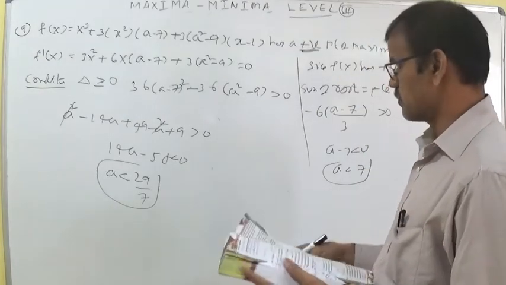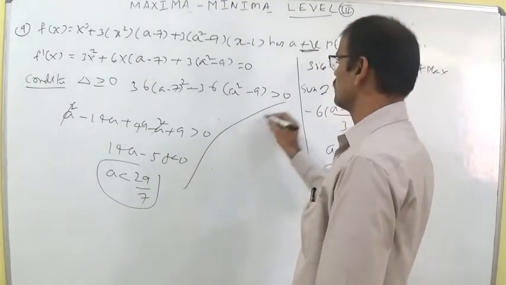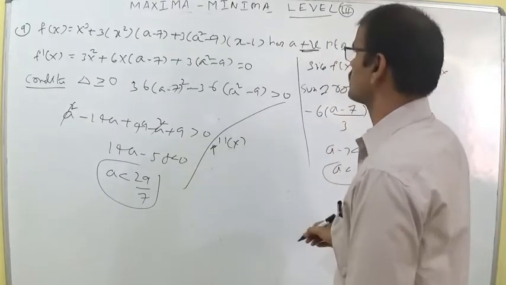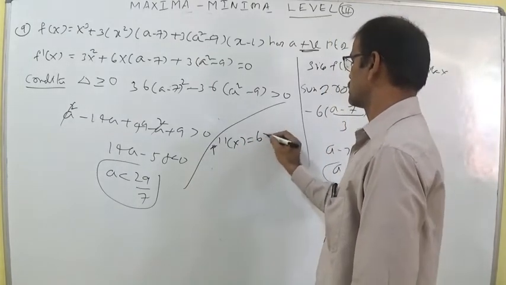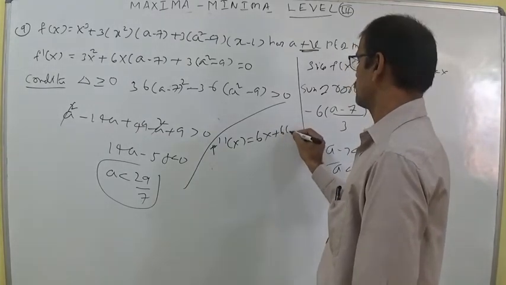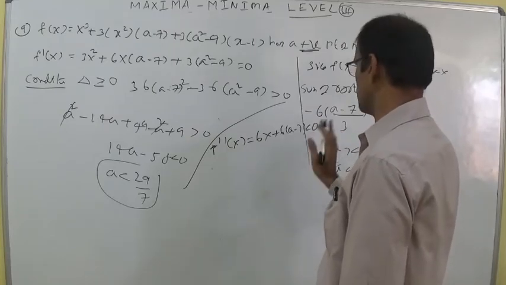Next, let us discuss the second derivative. f''(x) = 6x + 6(a - 7). For a maximum it is less than 0.